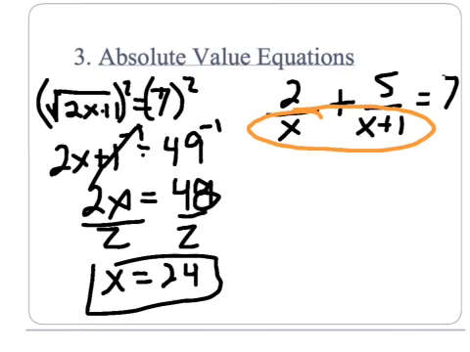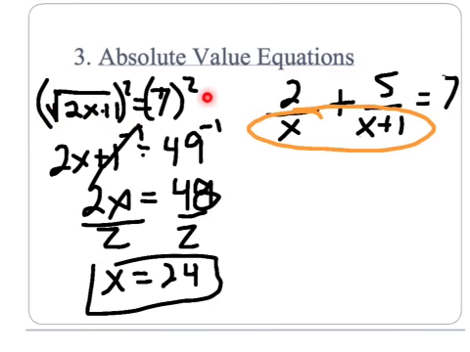So with an absolute value equation, we're not going to be squaring each side. We might have fractions, so we might have to use this strategy of multiplying by the lowest common denominator. But the purpose of me showing you this is, when we get into each different type of equation, there's going to be a little trick to solving them.